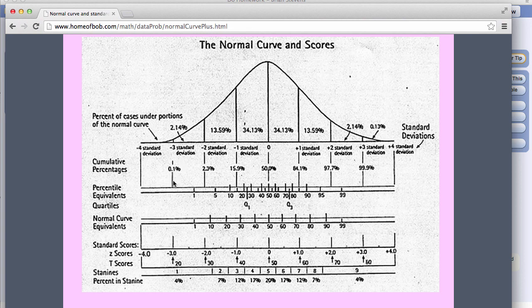But on ours, we would have a cumulative percentage running down here. We would have 0.15, 2.5, 16%, 50%, going over to 84%, and then next we would have 97.5, and we'd have 99.85. So you can actually draw one out yourself and know how to get all of these numbers right here. Lots of information supplied in this normal curve.